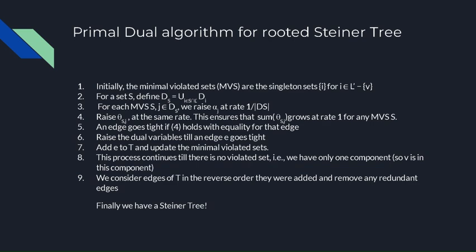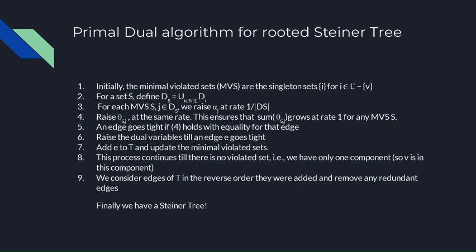For a particular set S, we define D of S as the union of, so we take all the facilities that are opened and that are in S, and we take the union over all the DIs of these open facilities, and that is defined as D of S. Now what we do is for any MVS S that is there, that is the violated set, any client that is in it, we raise its value of alpha j at the rate of 1 by D of S.